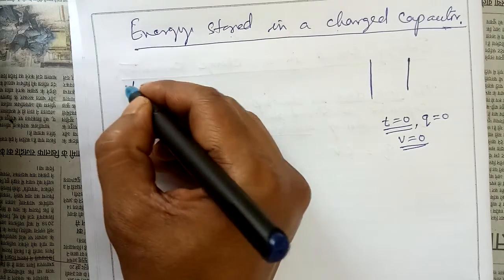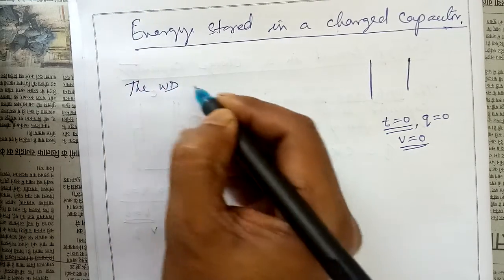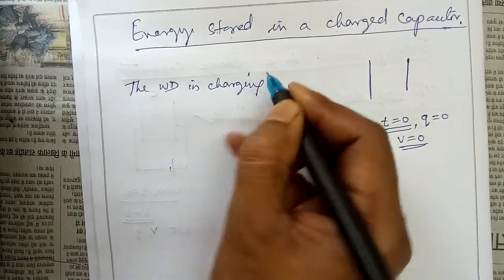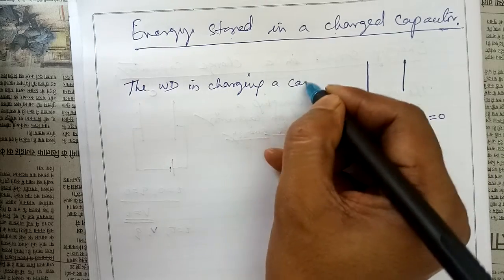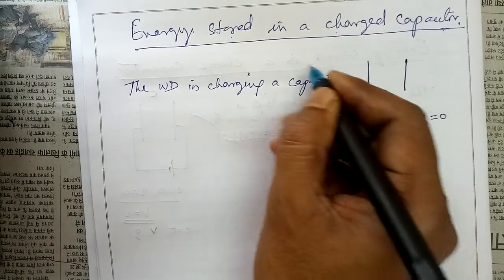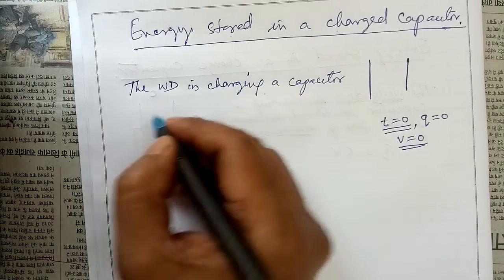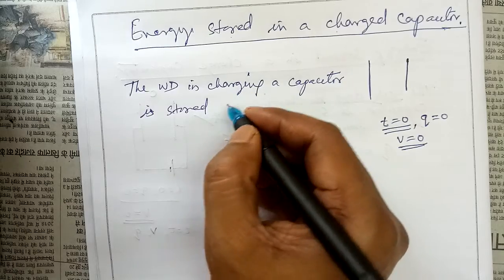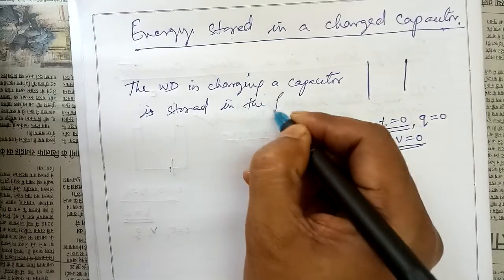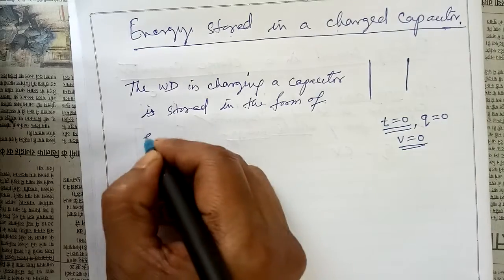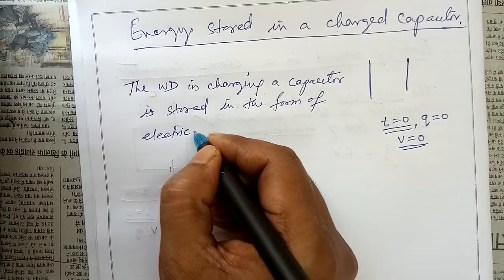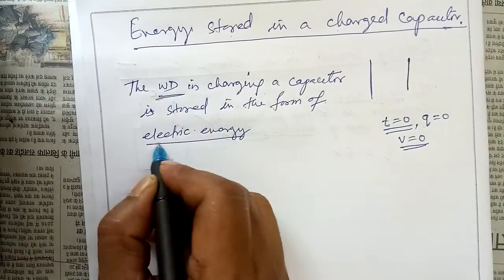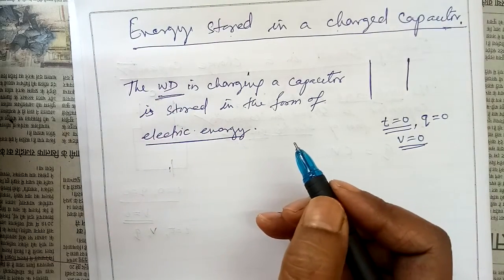So it can be written as: the work done in charging a capacitor is stored in the form of electric energy. So the work transforms itself into energy, that is electrical energy.